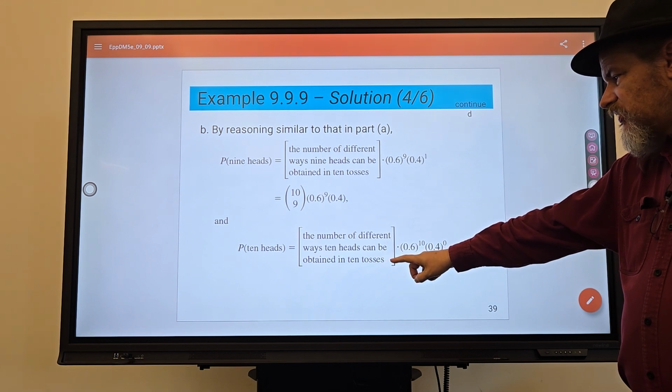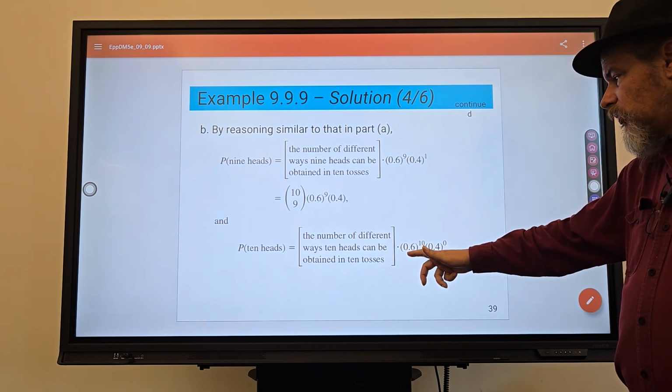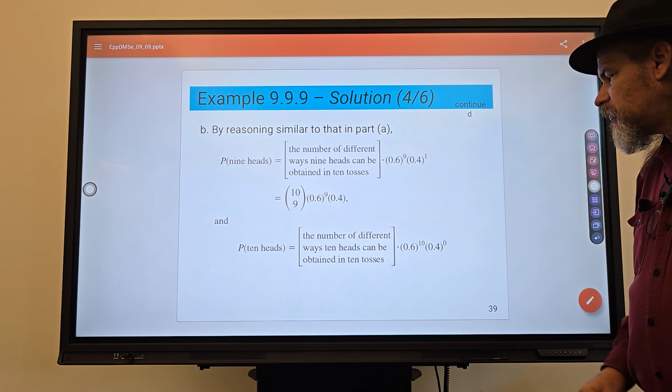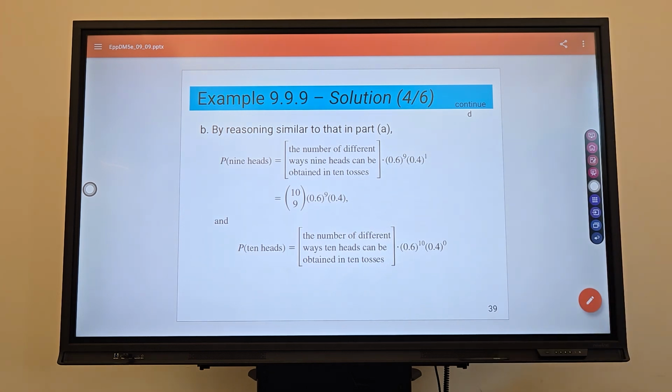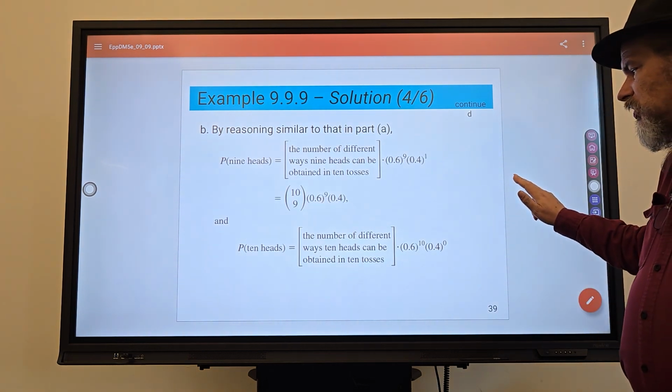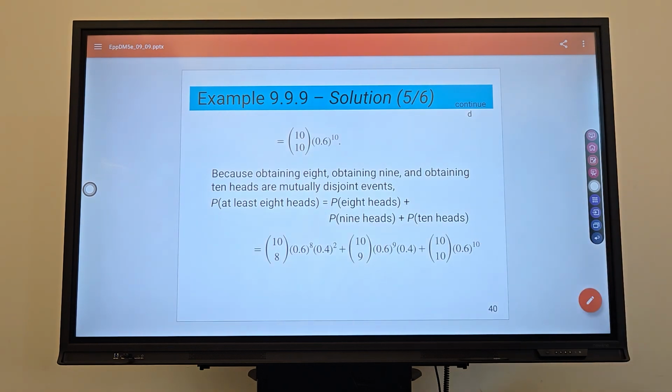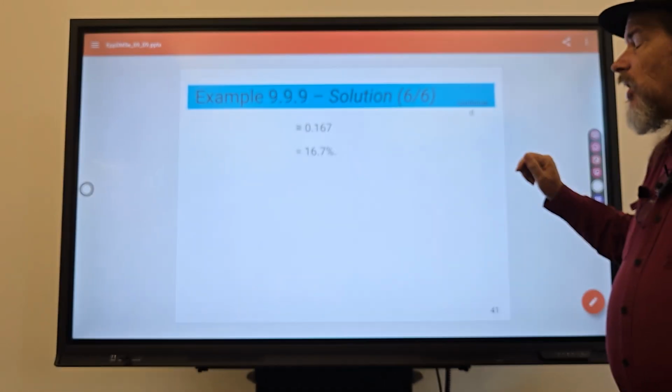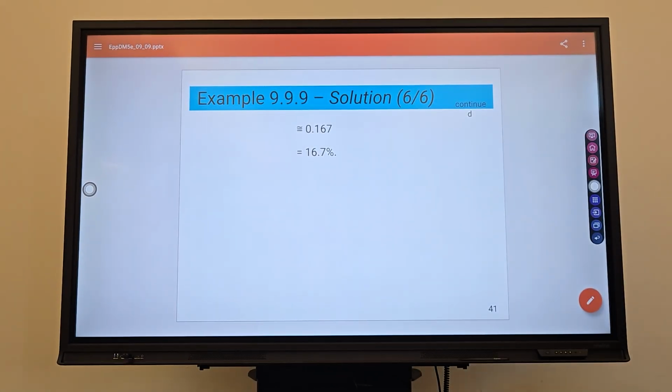Number of different ways 10 heads can be obtained in 10 tosses, which is only 1, times 0.6 to the 10th, times 0.4 to the 0th. Because obtaining 8, 9, and 10 heads are mutually disjoint events, the probability of getting at least 8 heads is the sum of those 3 probabilities. Again, they do give the final result, a 16.7% chance of that happening.